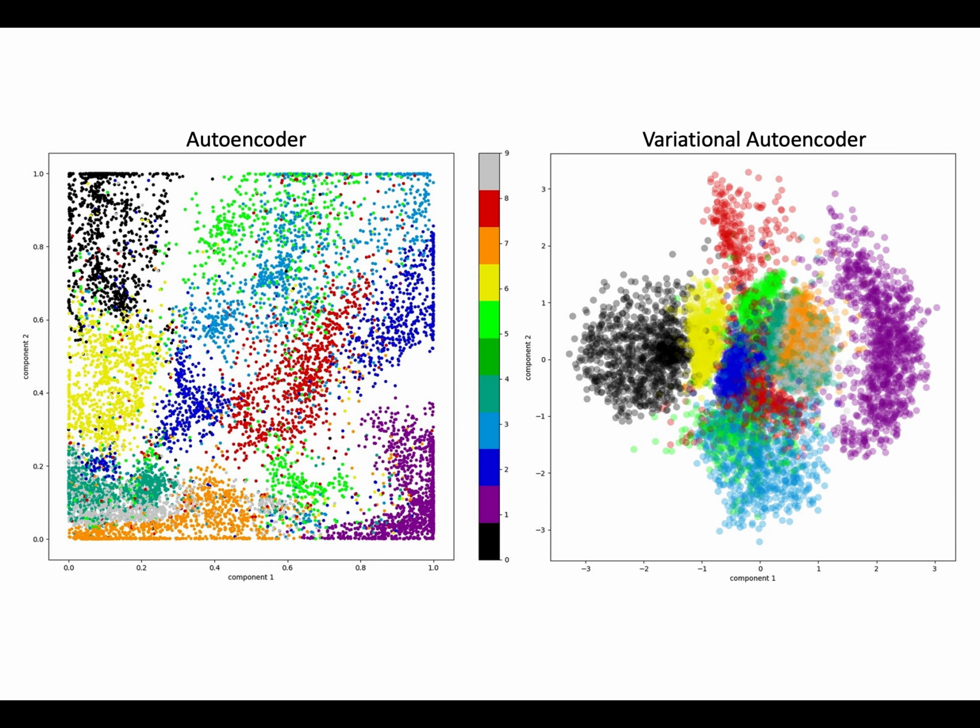So let's finally just see how this actually looks in practice. This is a visualization of 2 dimensions of the latent space when trained to autoencode the MNIST digits. On the left, we can see a visualization of a conventional autoencoder. The color of the points corresponds to the particular digit.